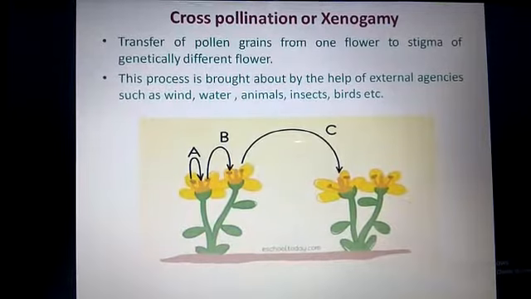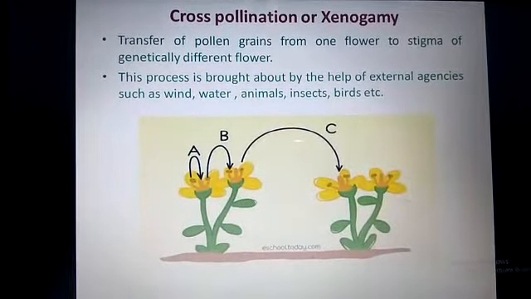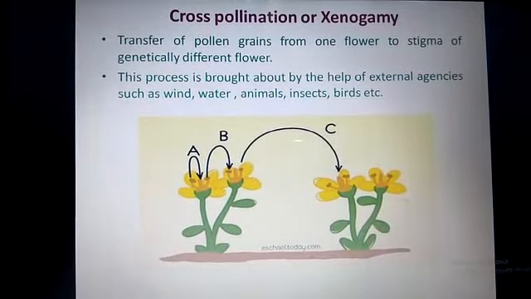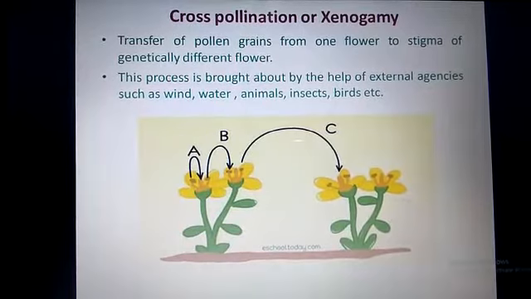Now let us go to cross-pollination or xenogamy. It is the transfer of pollen grains from one flower to the stigma of a genetically different flower. Okay, look here.